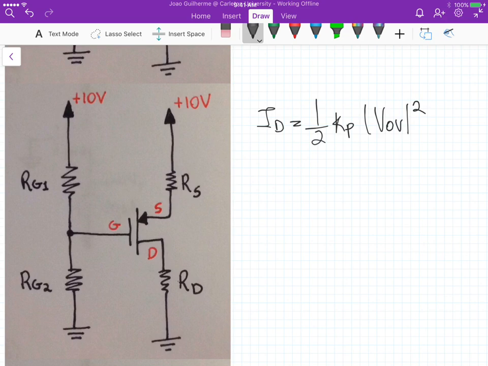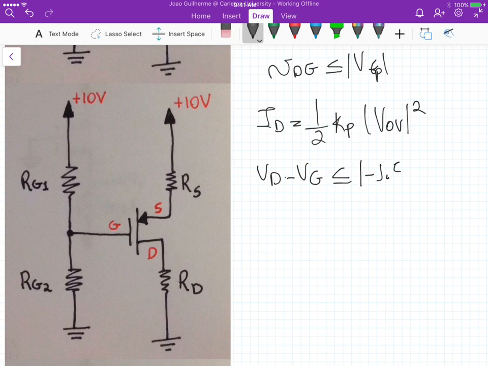This is assuming that the device is operating in the saturation region. For saturation, one of the conditions is that VDG should be less than the magnitude of the threshold voltage of the PMOS. From this condition, VD minus VG should be less than the magnitude of the threshold voltage, so the magnitude of minus 1.5.